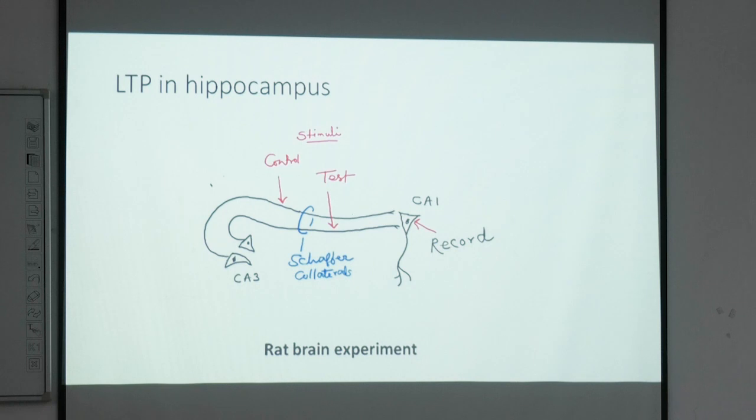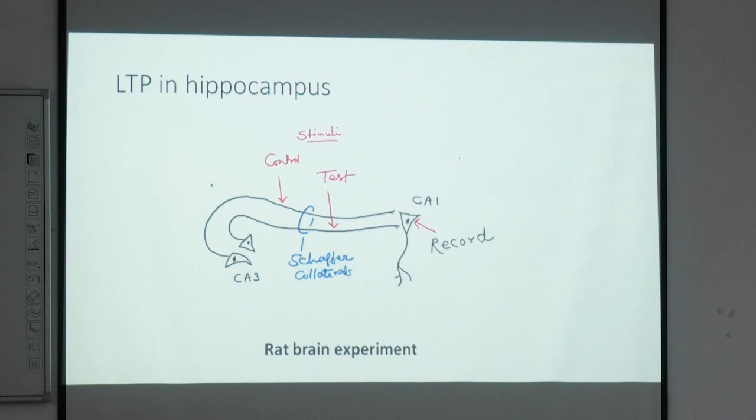Just explain that the CA3 neuron synapses on the CA1 neuron. In control, we are just stimulating the CA3 neuron and CA1 is activated. This is test. And in control, the CA1 neuron is already receiving some amount of stimuli, so that the membrane potential is raised to some extent for the CA1 neuron, and then CA3 is stimulated, right?